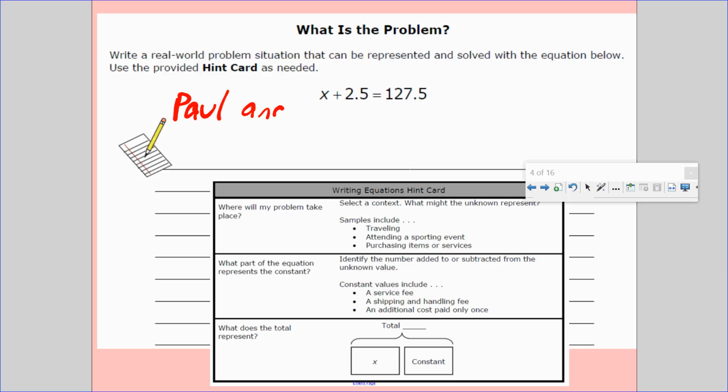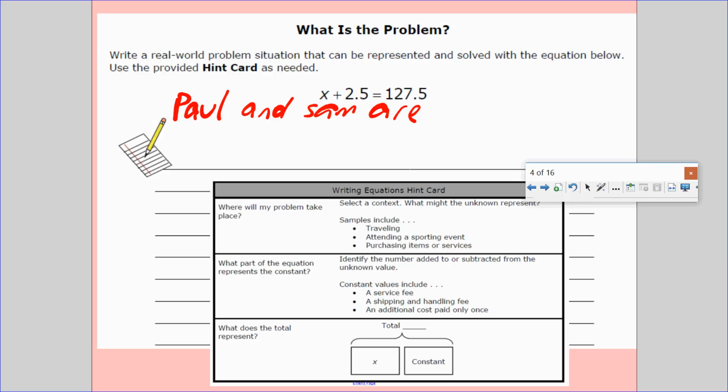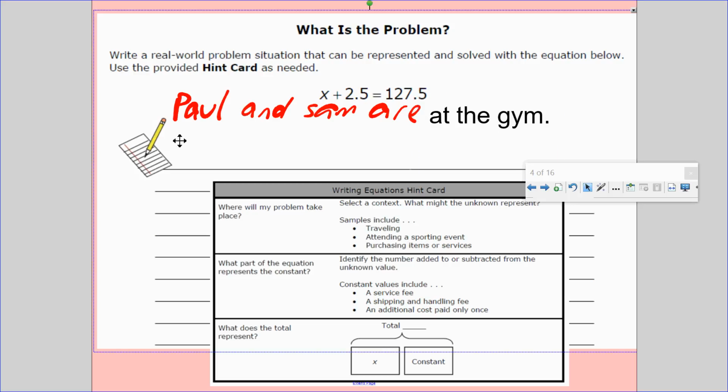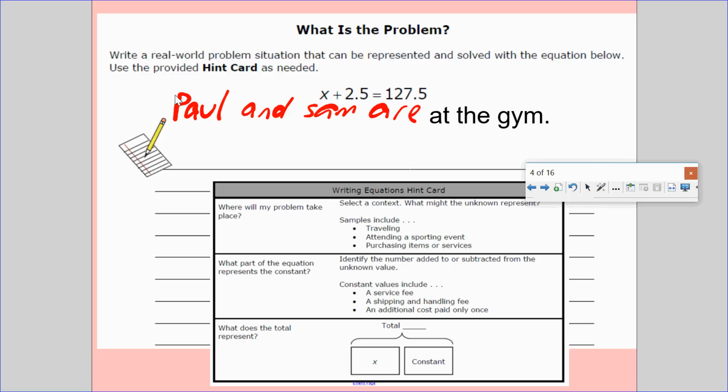I'm going to type this out because I am such a fast typer. Paul and Sam are at the gym.